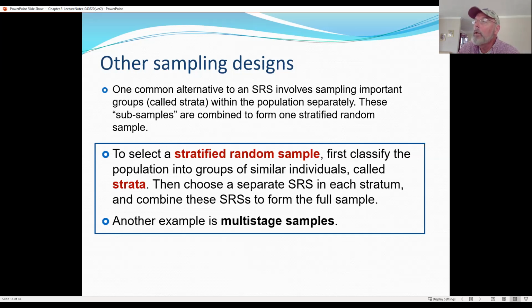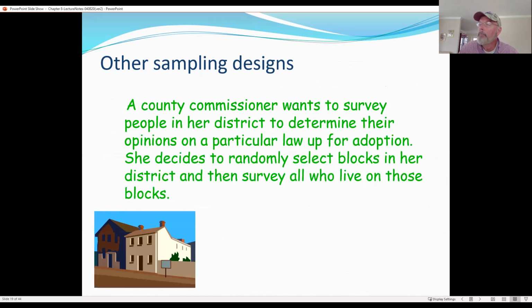Okay, here is another sampling design, and here is the example. A commissioner wants to survey people in her district, looking for opinions about the law that's coming up about adoption. So she decides that she's going to randomly select blocks in her district and then survey all those people that live in those selected blocks.